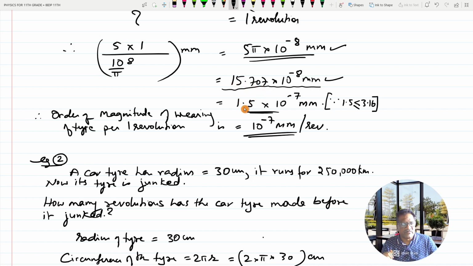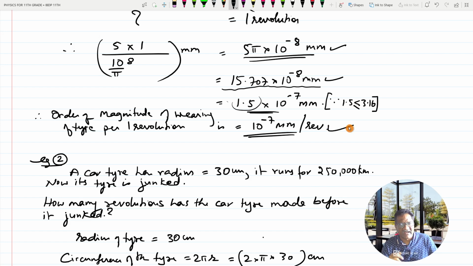So if I do 1.5, it gets converted into 1.5 into 10 is to minus 7 millimeter. Now, since this 1.5 is less than 3.16, the order of magnitude for this wear taking place in one revolution will be 10 is to minus 7 only. So it will be 10 is to minus 7 millimeter per revolution.